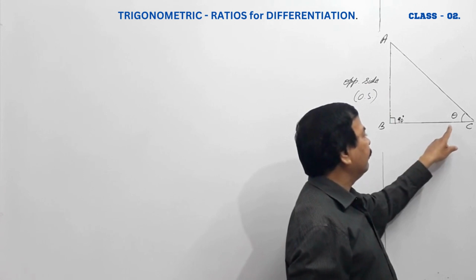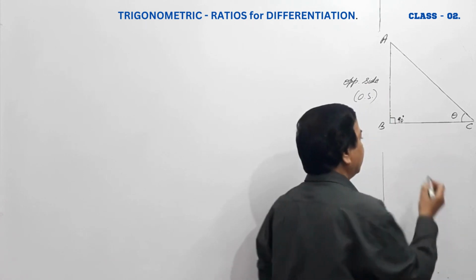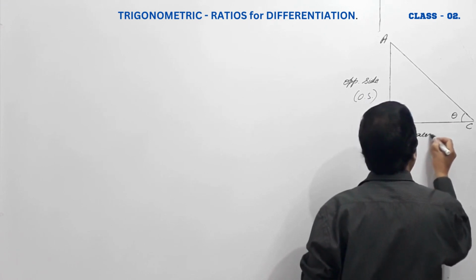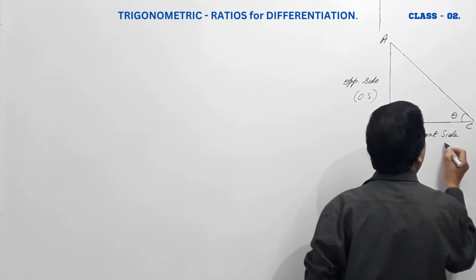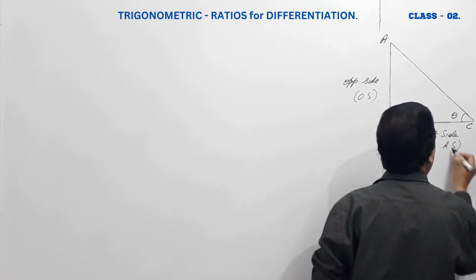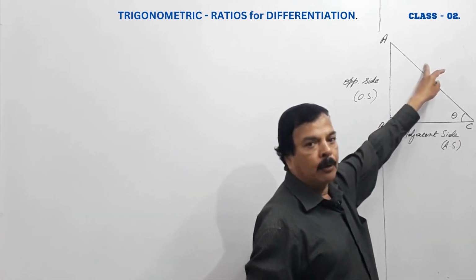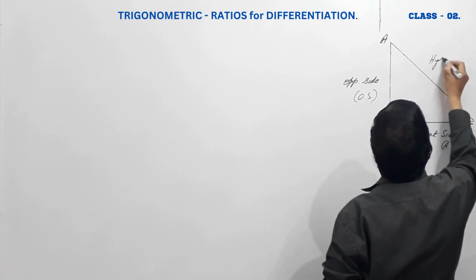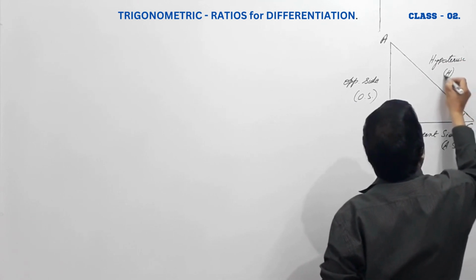The side adjacent to this theta is BC, which I call the adjacent side, AS, and this is the hypotenuse, H.